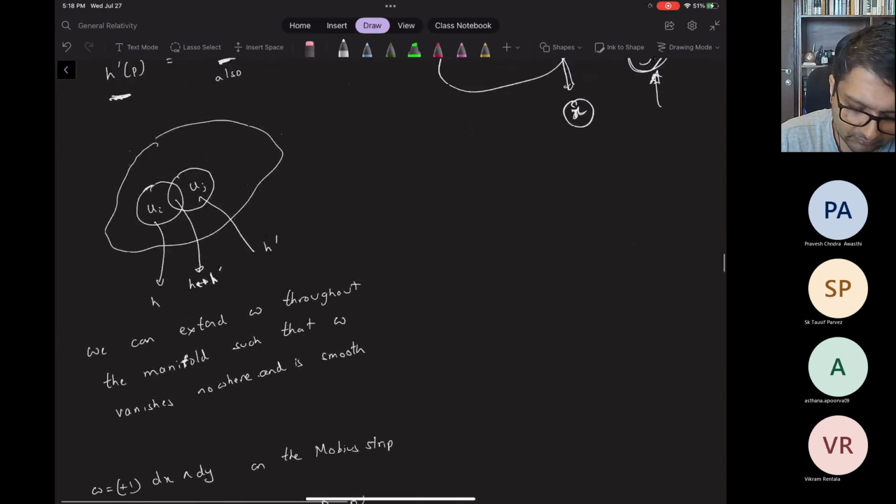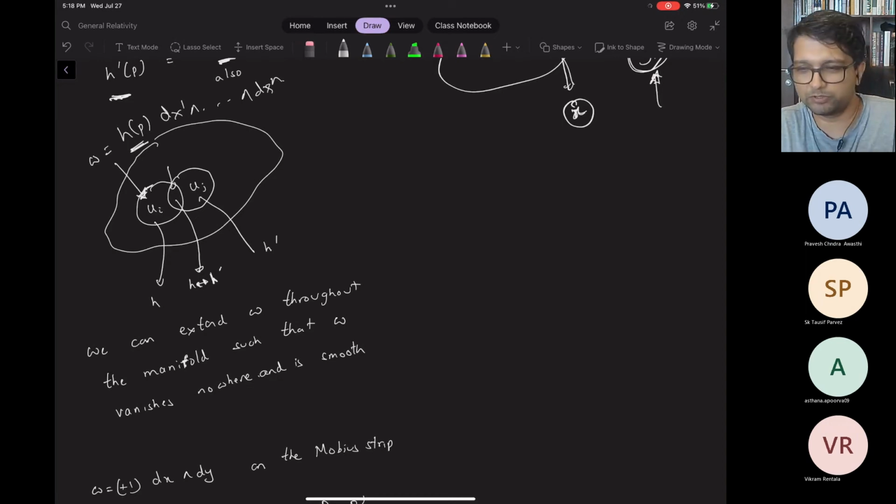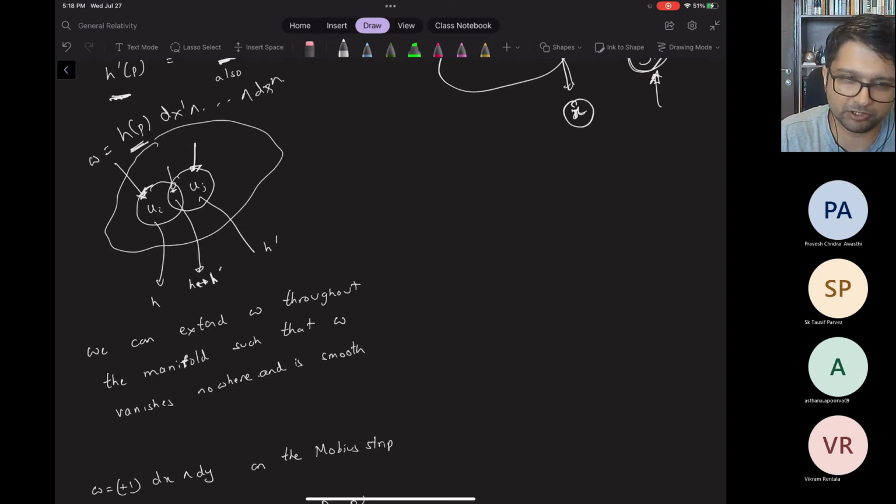So now we can start by assuming that we have an omega defined in this way, where we choose a non-zero function times dx1 wedge dot dot dot wedge dxn. Then we can go into the overlap region and write it using the coefficient h prime of p. Then from the overlap region, we can extend this to the rest of u_j, and we can choose the coefficient to be some positive function in this patch.